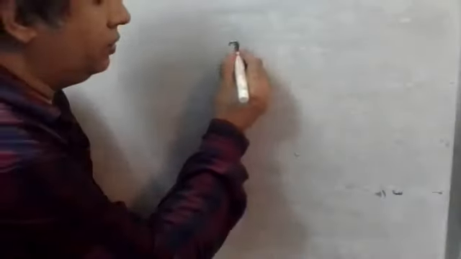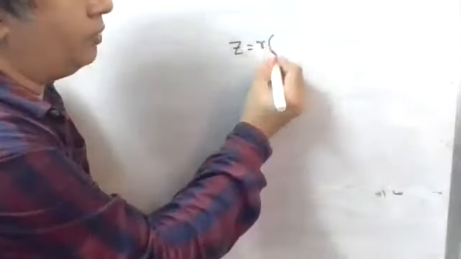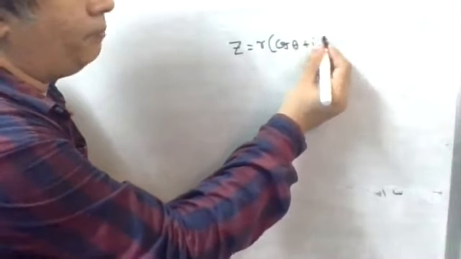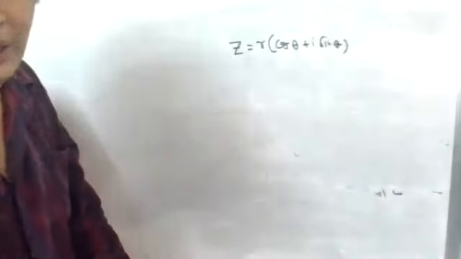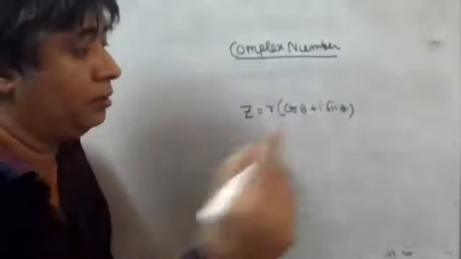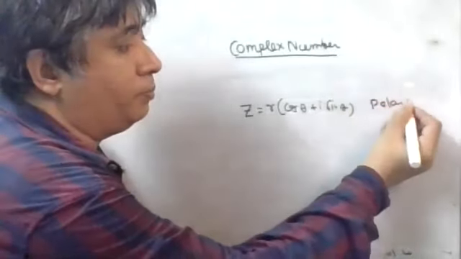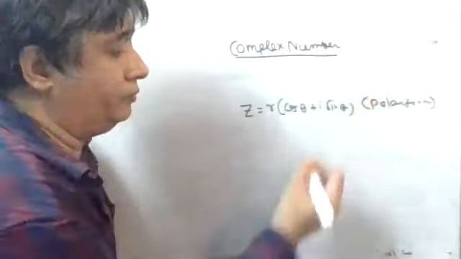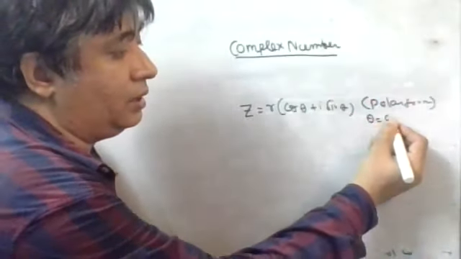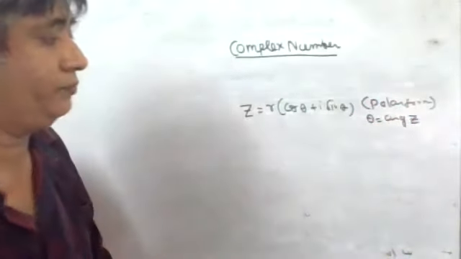See, you got the property, the polar form r cos theta plus i sin theta, that you got last day, where theta is the argument of z.